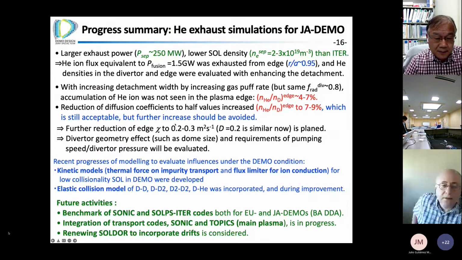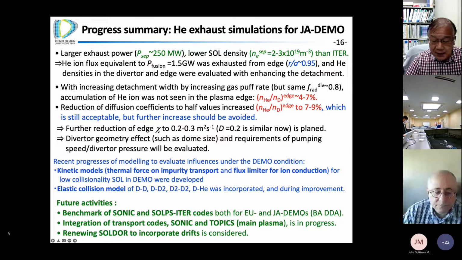this year's work. So I think this is a summary of the helium exhaust. And the future work is more future work: the benchmark with EU and the Japanese DEMO.